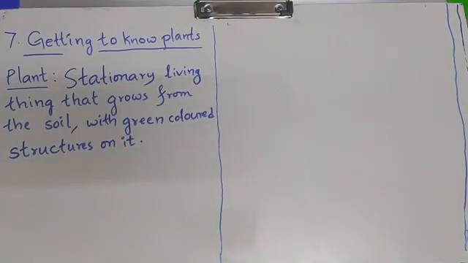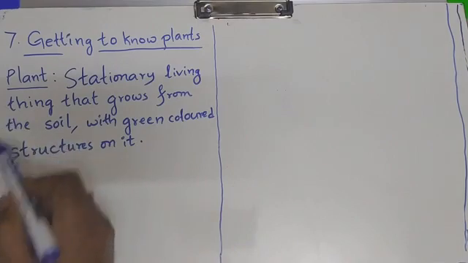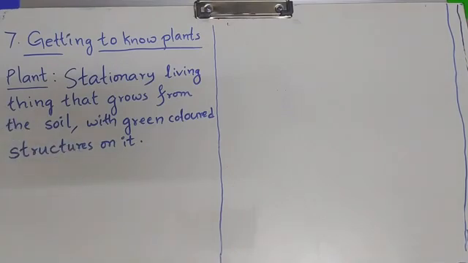Stationary living thing that grows from the soil with green colored structures on it. That's what is known to you.